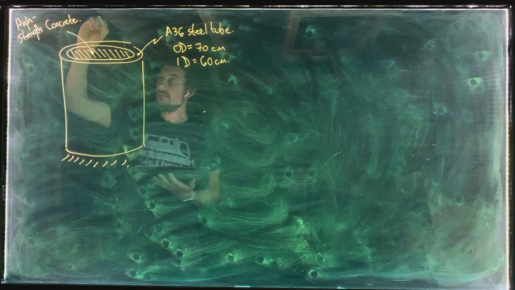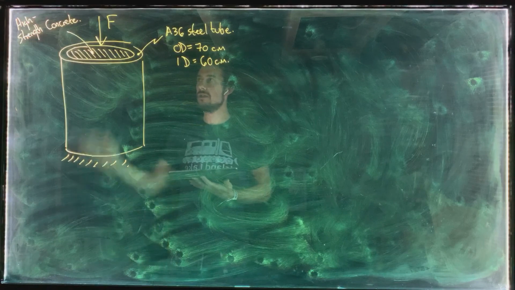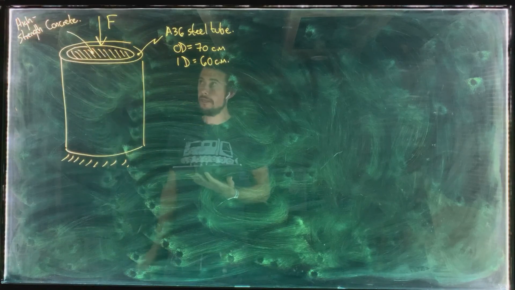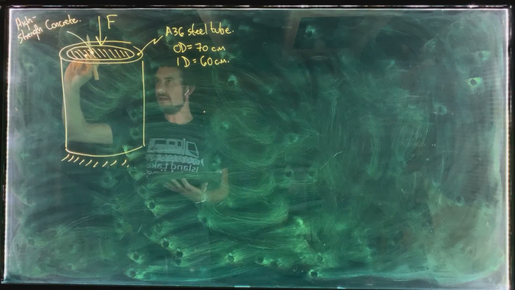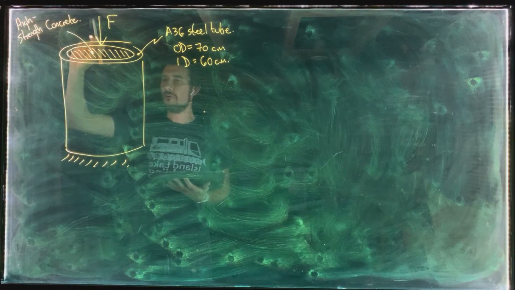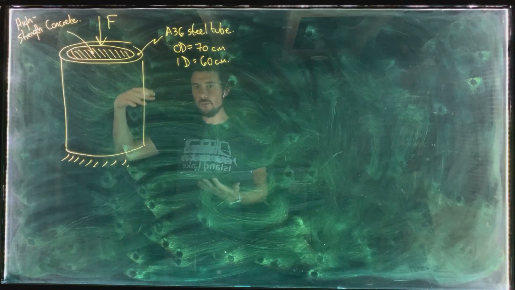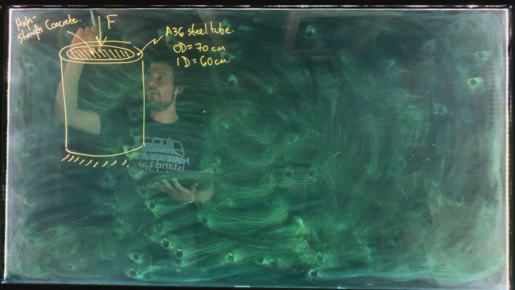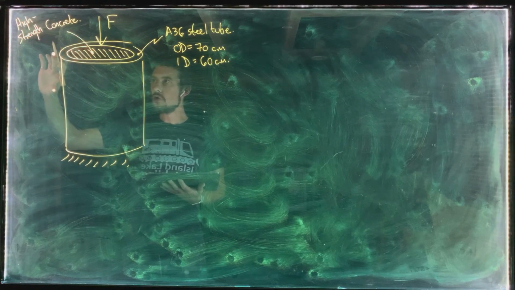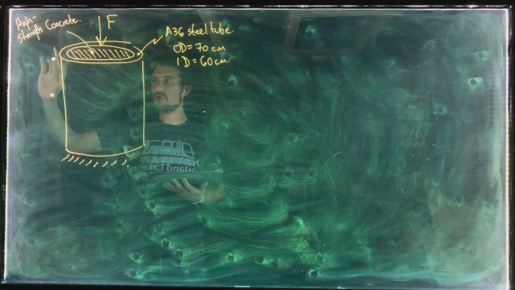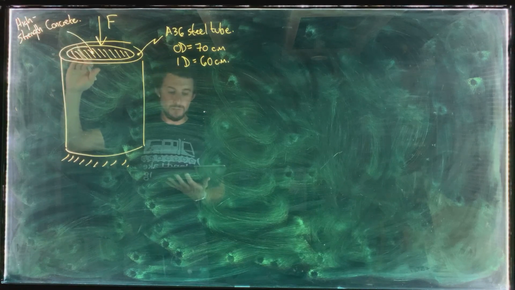Okay. So when this load F is applied to the top of the column, we know that when a compressive load is applied to something, that thing will get shorter. So the steel will get a little bit shorter, the concrete will get a little bit shorter, but the change in length will be the same for both of them.